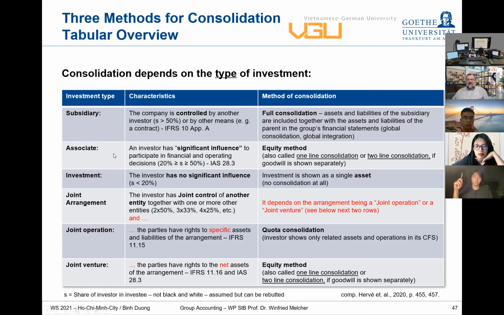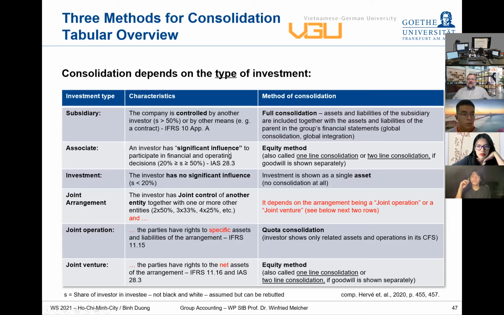Now, if you have an associate, well, that company is not controlled, as we know. The investor has a significant influence, and the investor will participate in financial and operating decisions. Typically, when we see voting shares between 20 and 50%, then we assume that this investment is an associate, and we have to use the equity method, also called one-line consolidation, or two-line consolidation if goodwill is shown separately.